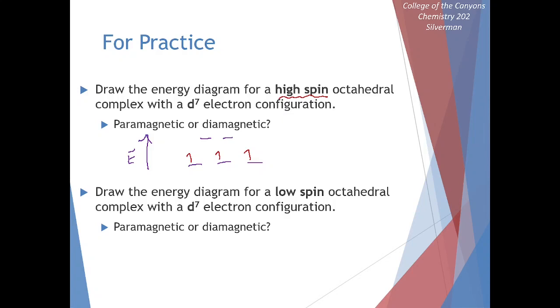High spin corresponds to weak field, which means our electrons will spread out first and then pair up if they have to. There are those 7 d electrons filling into that energy diagram for our octahedral complex. This is going to be paramagnetic because we do have 3 unpaired electrons.